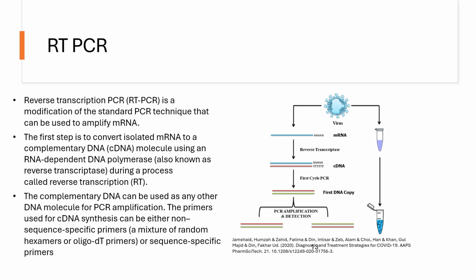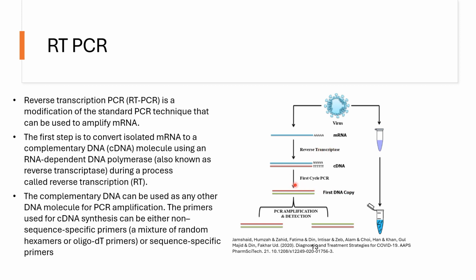The first step is to convert the isolated mRNA into a complementary DNA known as the cDNA molecule, which is prepared using RNA-dependent DNA polymerase enzyme, also known as the reverse transcriptase enzyme, during a process called reverse transcription. The complementary DNA can be used as any other DNA molecule for PCR amplification.